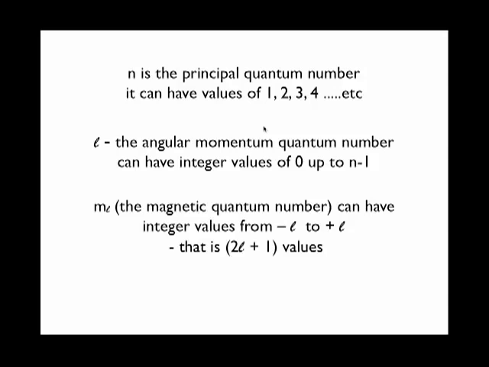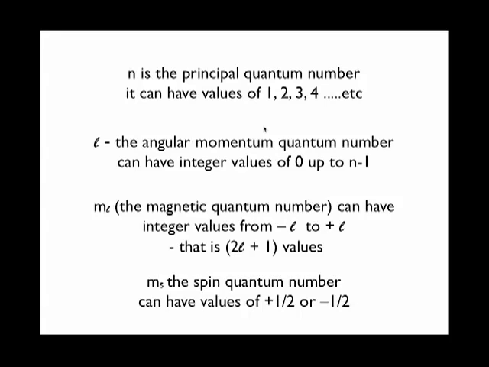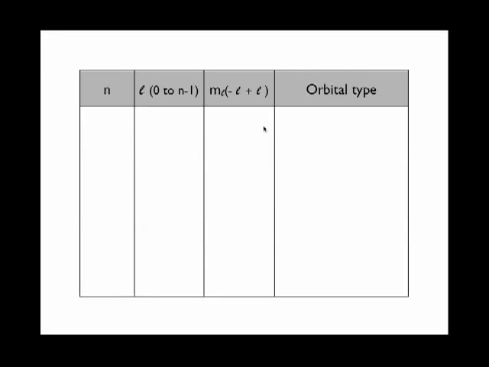Similarly, m sub l, the magnetic quantum number, depends on the value of l, and it can have whole number values from minus l to plus l, as we'll see in a minute. m sub s doesn't depend on any of the quantum numbers, and it can only have values of either plus or minus a half. So let's go through a few examples.